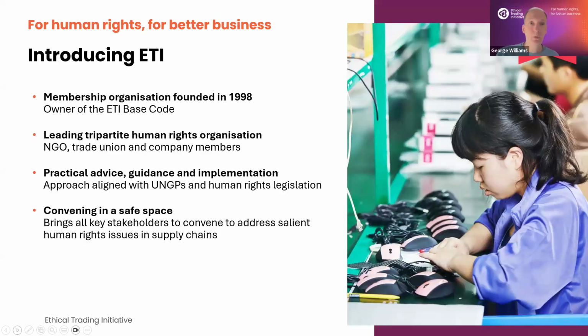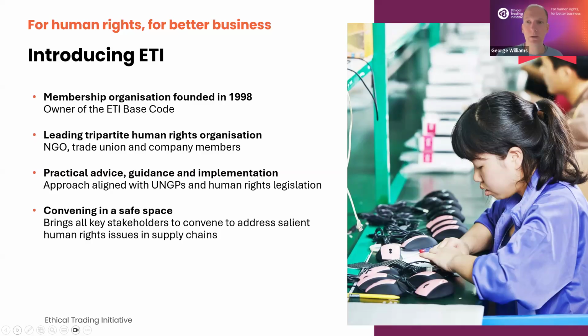Very briefly, who are we? We are ETI, the Ethical Trading Initiative. We're a membership organization established back at the end of the 1990s. You may have come across the ETI base code at factories and supplier sites in many parts of the world. We are a tripartite human rights organization. So our members include NGOs, trade unions, and companies, all committed to safeguarding human rights in global supply chains.